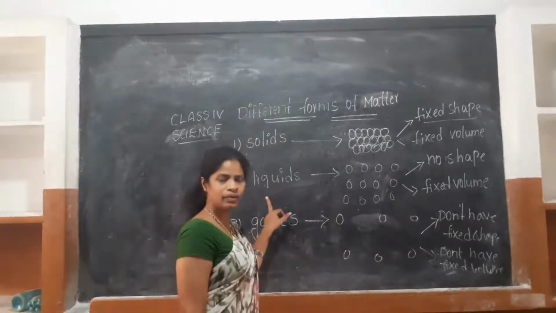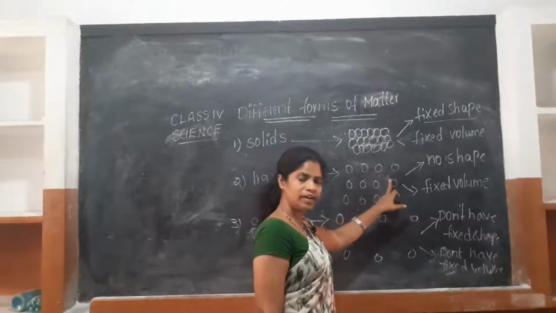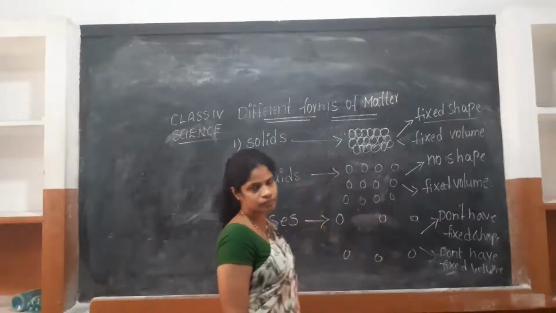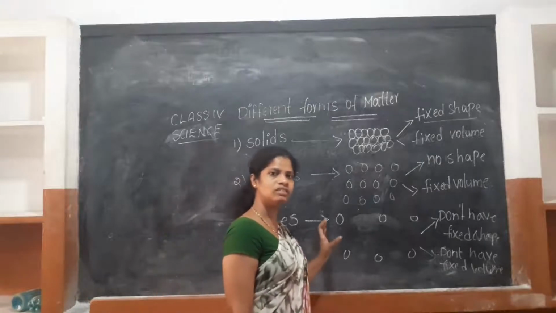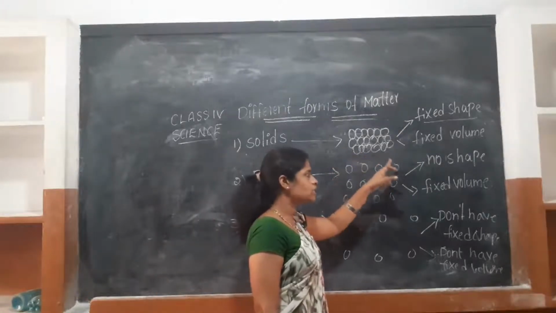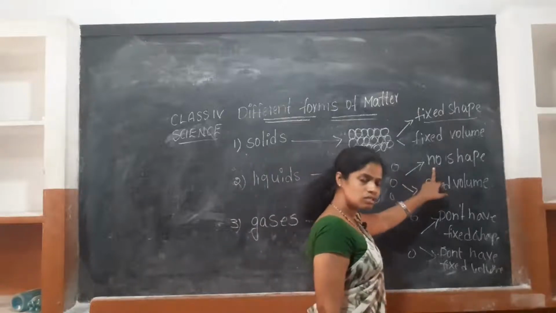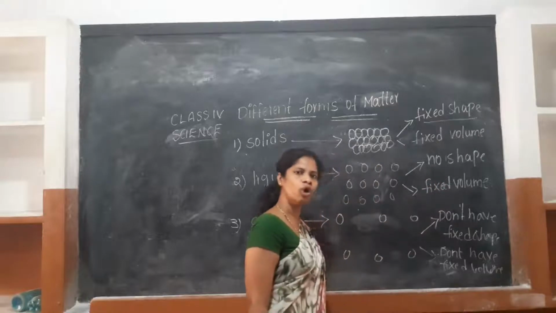When you come to liquids, the atoms or molecules are a little apart from one another, and the force of attraction is less when compared with solids, so liquids do not have a particular shape, but they have a fixed volume.